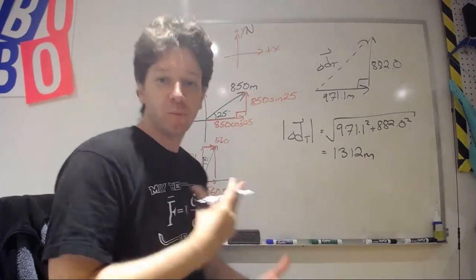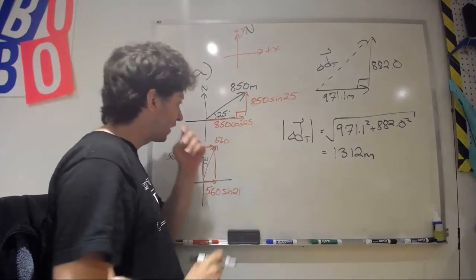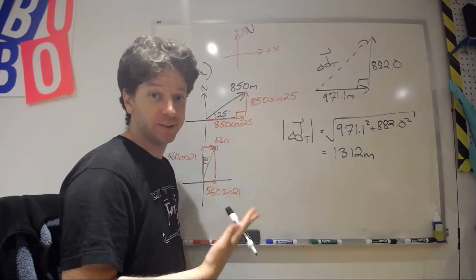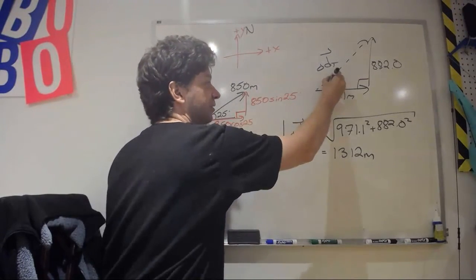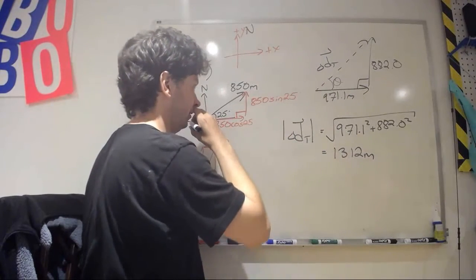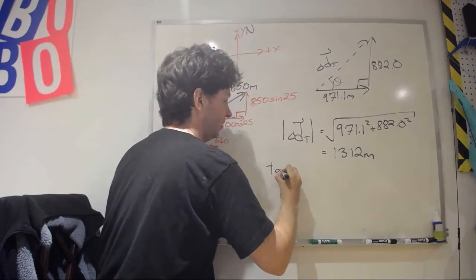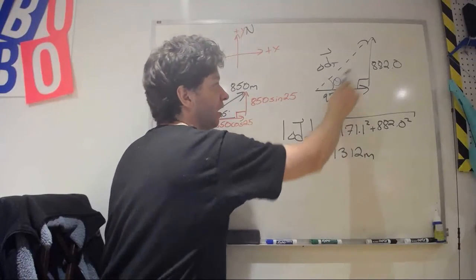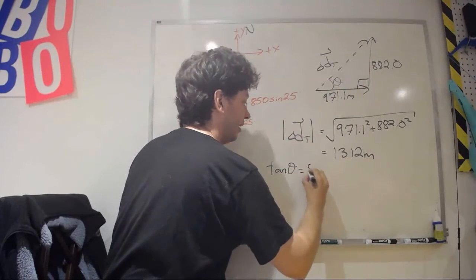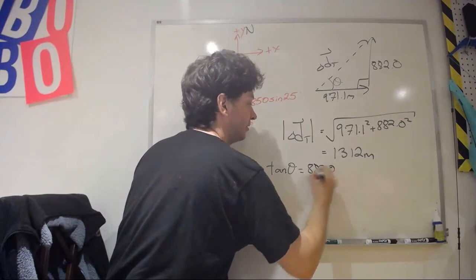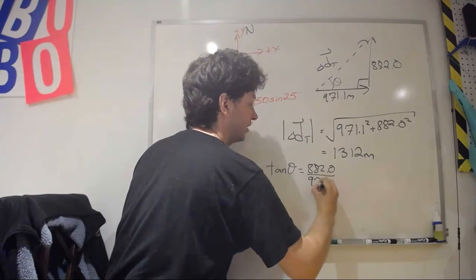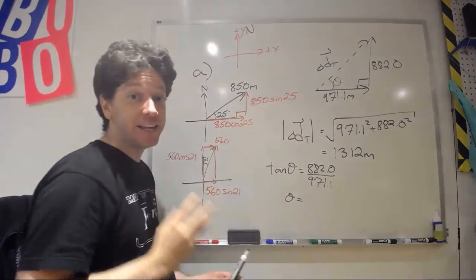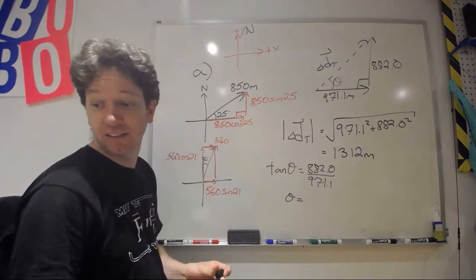When I'm completely done and I state my final answer, I will write it as 1.3 times 10 to the power of 3 meters. We also need to figure out the direction, theta. So tan of theta is opposite over adjacent, so 882.0 over 971.1. Take the inverse tan. Make sure your calculator is on degrees, not radians.